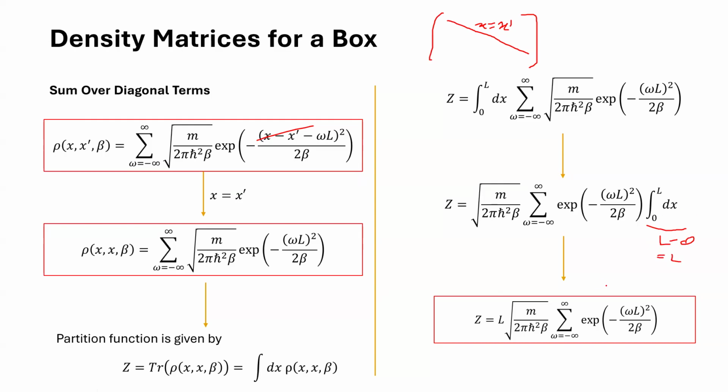Therefore, finally, we can write the partition function as L times the square root of m over 2 pi h-bar squared times beta, times the sum of exponential of minus omega L squared over 2 beta, over omega from minus infinity to infinity.